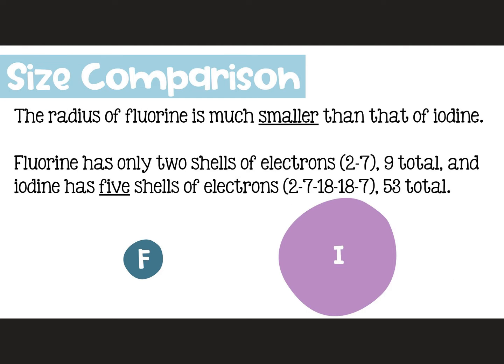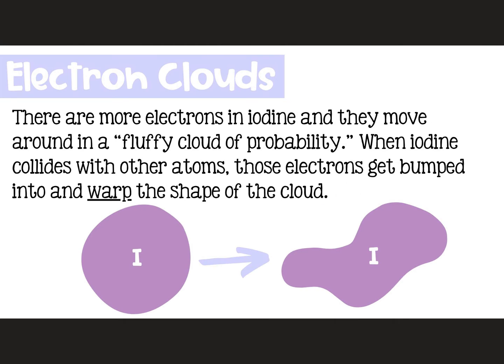When we compare their sizes, we see that the radius of fluorine is much smaller than that of iodine because fluorine has only 2 shells of electrons, or 9 total electrons, and iodine has 5 shells of electrons, or 53 total. There are more electrons in iodine, and they will move around in a fluffy cloud of probability, or an electron cloud.